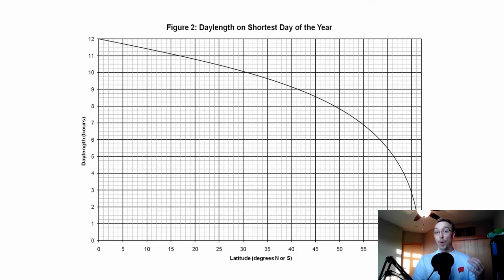When it's the winter season, we use this. And what these graphs basically tell us is, okay, for a given season, the day length on the shortest day of the year is going to be relative to its latitude, which makes a lot of sense. And that day length is going to change whether you're in summer or winter.